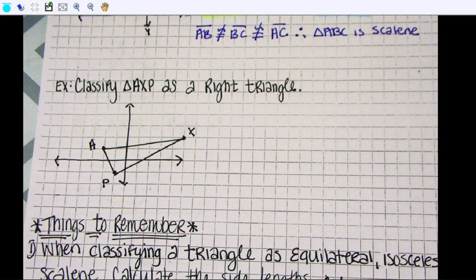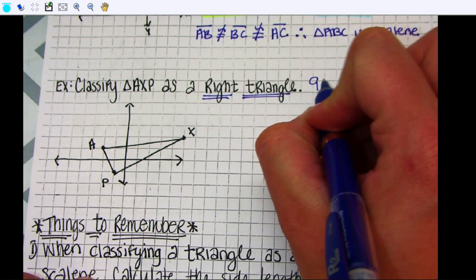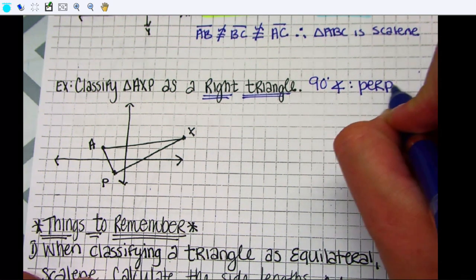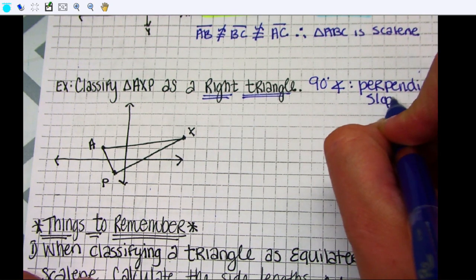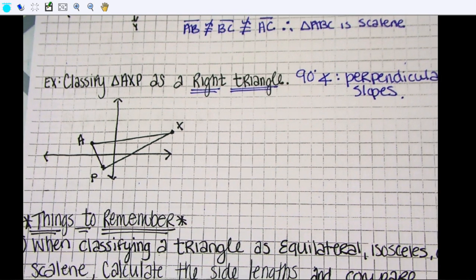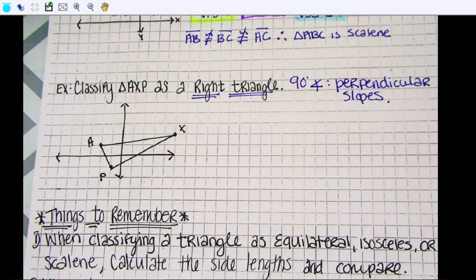So for something to be a right triangle, we have to look for 90-degree angles, which mean perpendicular slopes. So in order for 2 lengths of a triangle to be perpendicular, their slopes have to be opposite reciprocals.